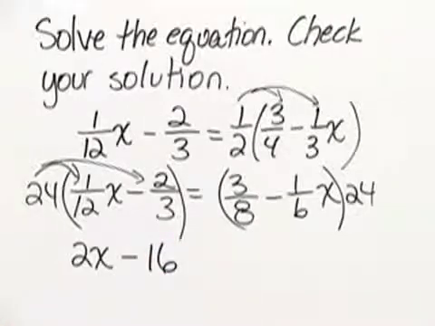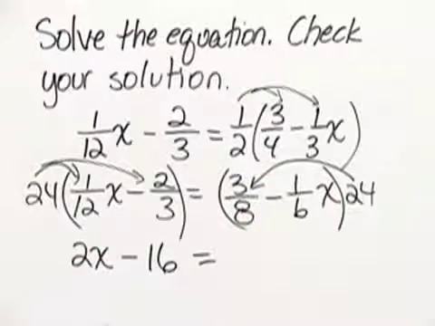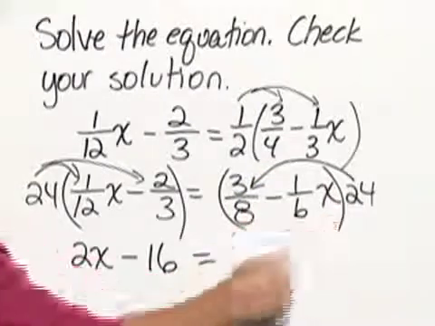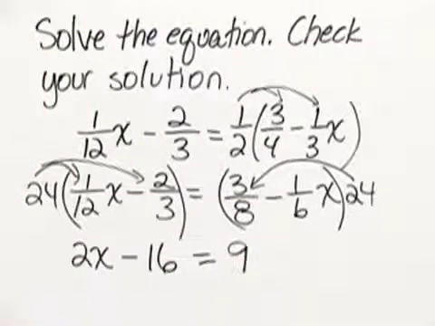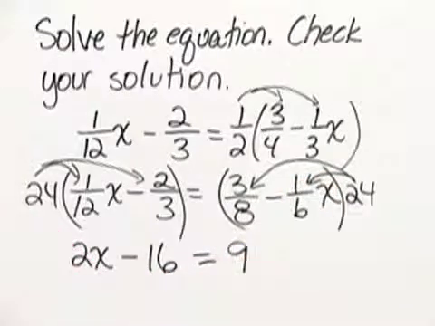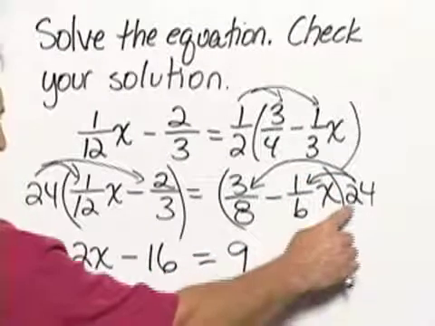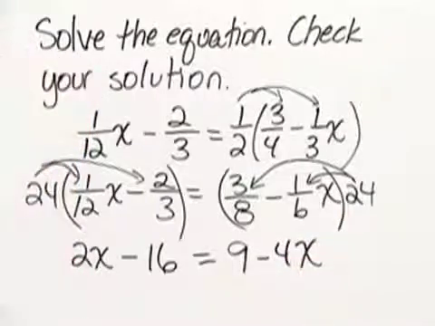So on the left-hand side, it simplifies to 2x minus 16. On the right-hand side, when we multiply 24 times 3/8, 8 goes into 24 3 times. 3 times 3 is 9. Then we multiply 24 times the 1/6. 6 divides into 24 4 times, so we have minus 4x.